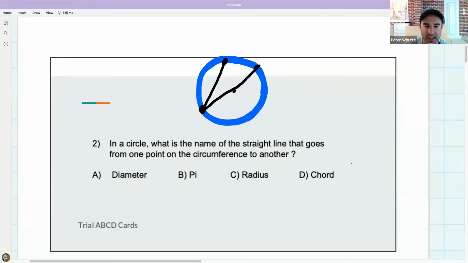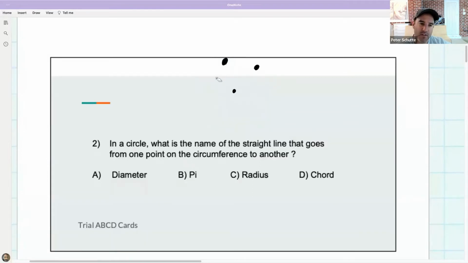Okay, so it may be a diameter, but you don't know for sure. All you know is something else. It's another special word. So think about, is this possible? I have my circle, and here's the center, but the question doesn't say anything about the center. It just says, what is the name of the straight line that goes from one point on the circumference?